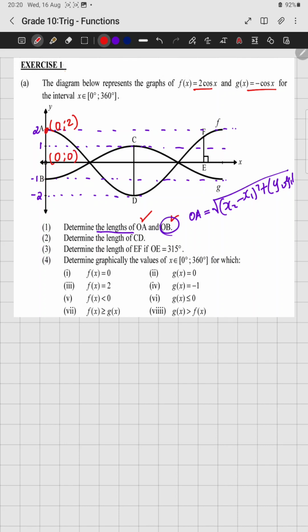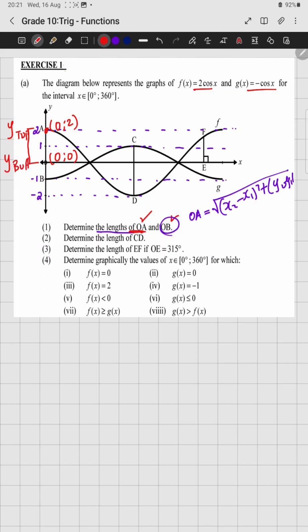So if we want to determine the length of OA, we're going to move from A to O. Remember, point A is the top part, it is the y top for A, and at O here it is the y bottom.